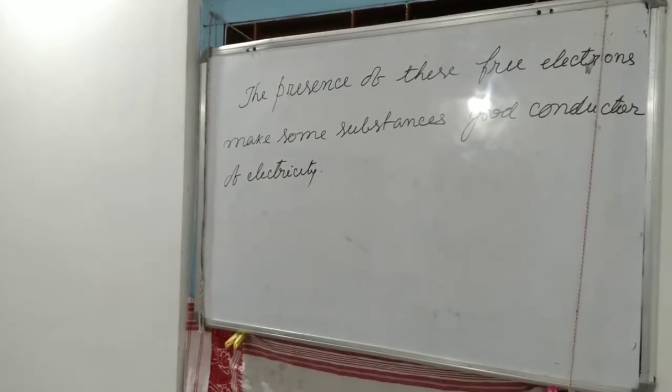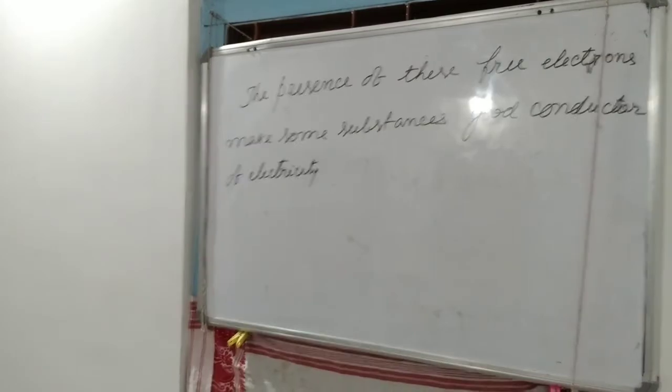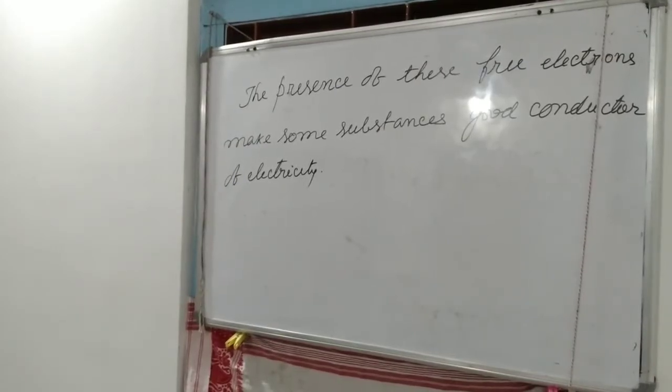So the presence of these free electrons, which can move freely, held loosely by the nuclei, means they can conduct electric charges through them, and that's why they become good conductors of electricity.